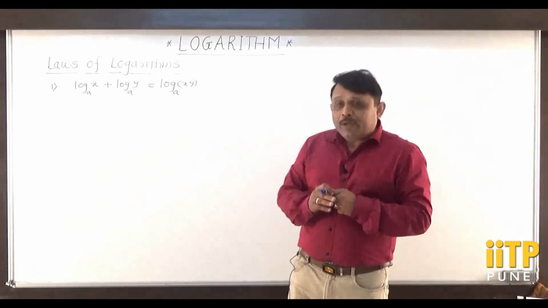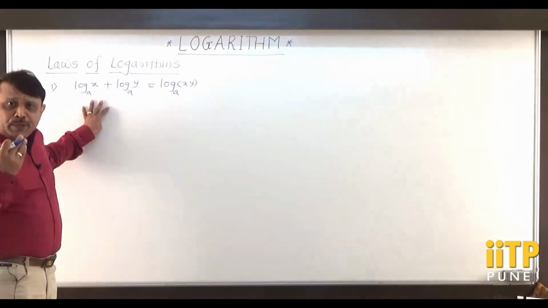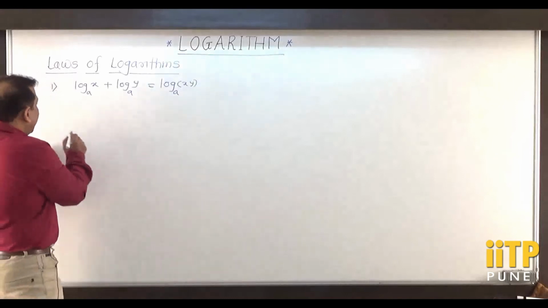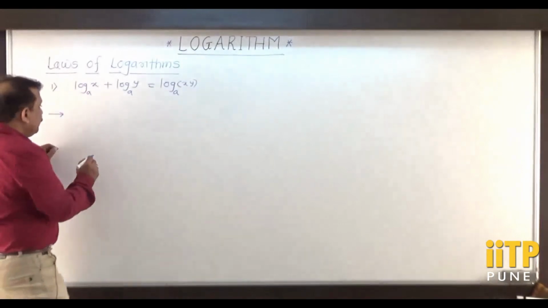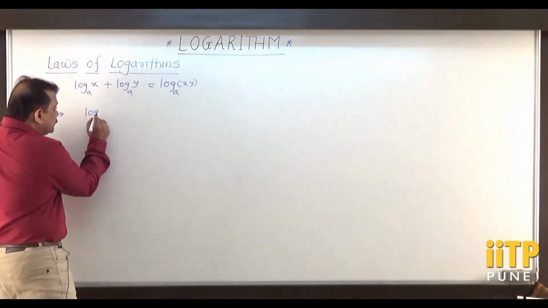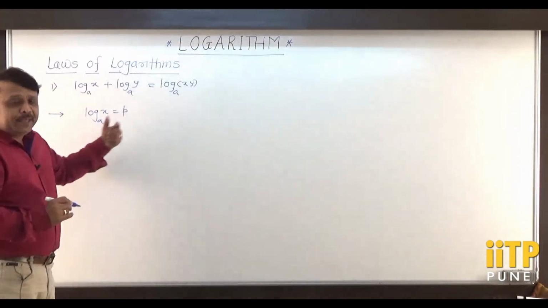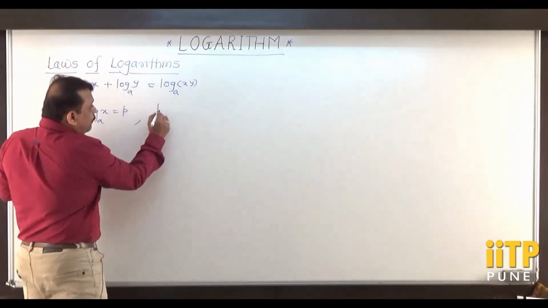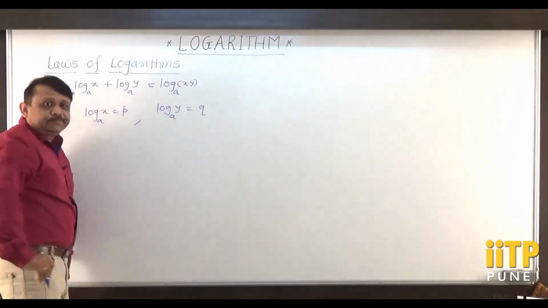So we will convert this logarithm into the exponential form. Let me call log x to the base a equal to some p. Suppose this number, log y to the base a, is say q.